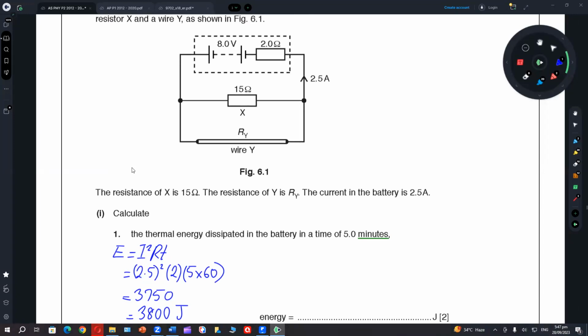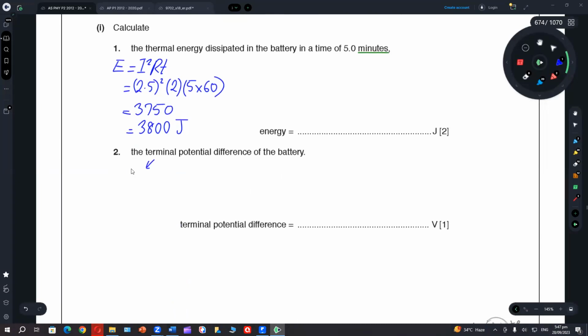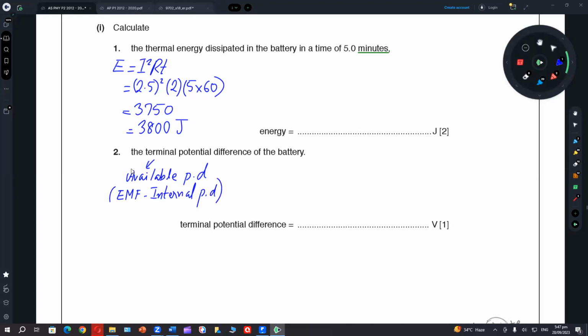So we can do 2.5 times 2, V equals IR. It is the available PD. And how do we find it? It is obtained by EMF minus internal PD. This is how we find it. EMF minus internal PD.